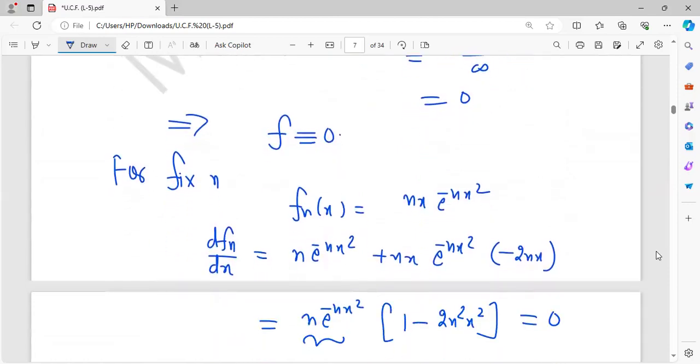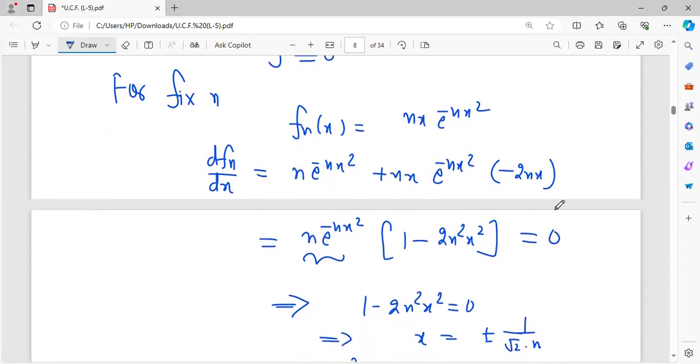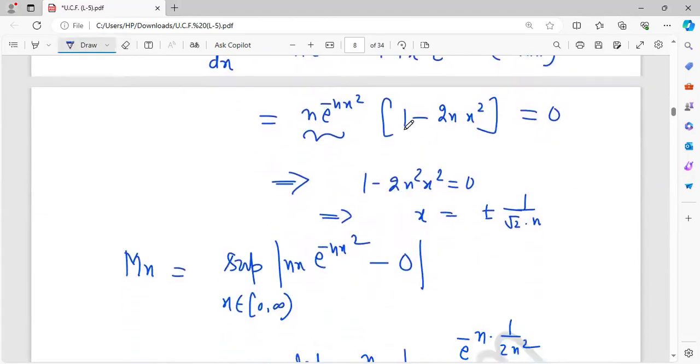So we have taken nx common, so it will be only one n here. And it will be under root 2n.